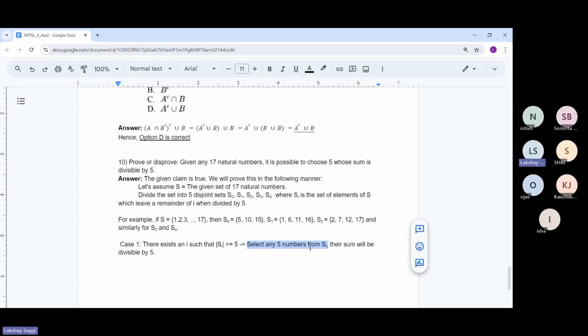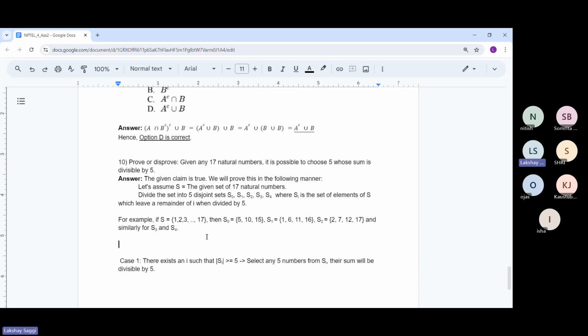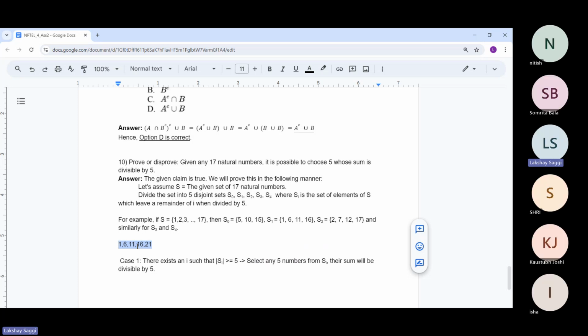You can check this also. For example, I'm just doing this in the rough. Let's say the 5 numbers are 1, 6, 11, 16, 21, all of which leave a remainder of 1 when divided by 5. You can easily observe that their sum will be divisible by 5. 6 plus 1 is 7, 11 plus 7 is 18, 18 plus 16 is 34, 34 plus 21 is 55.